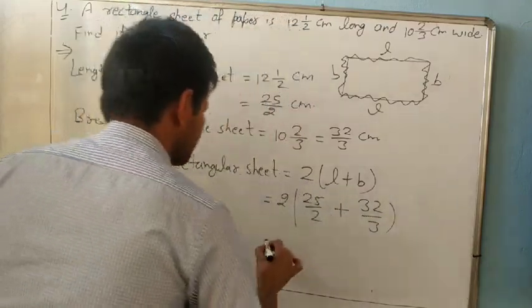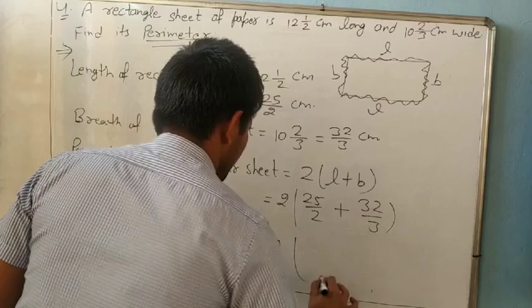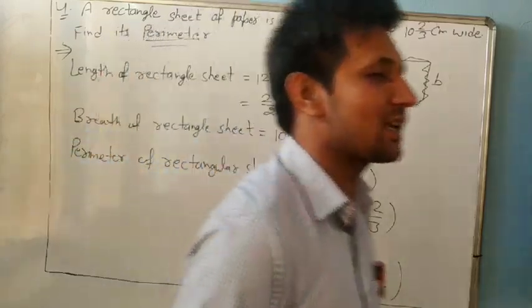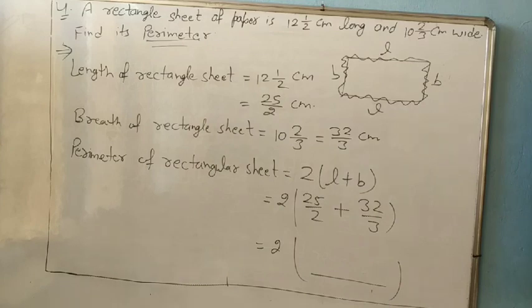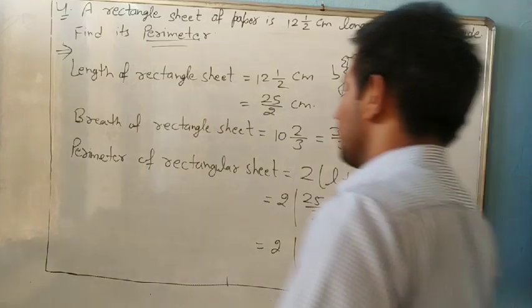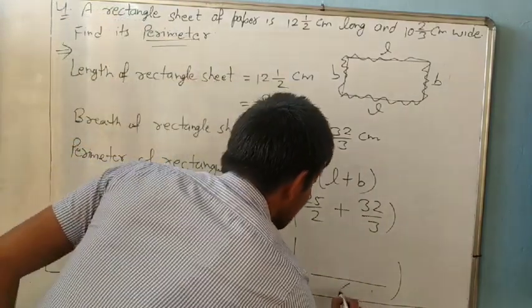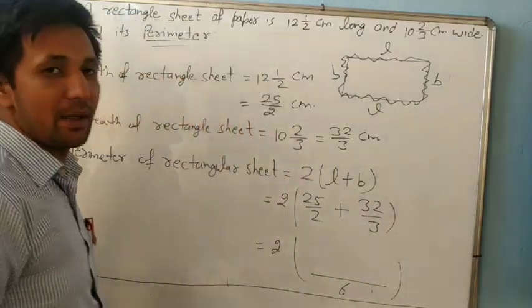These are 2 fractions, and 2 fractions we always add by taking the LCM. What is the LCM? 2 into 3, the LCM is 6. Find the LCM yourself.